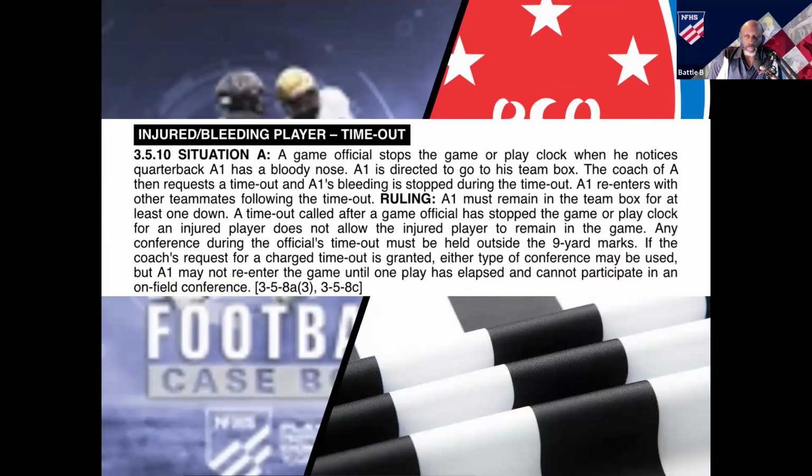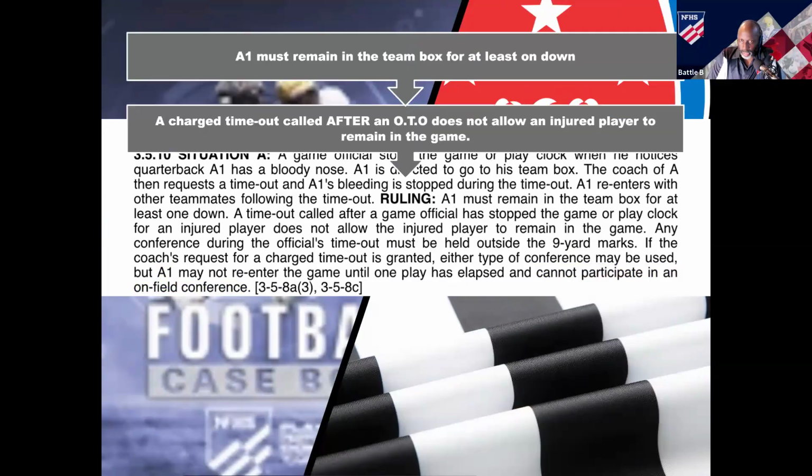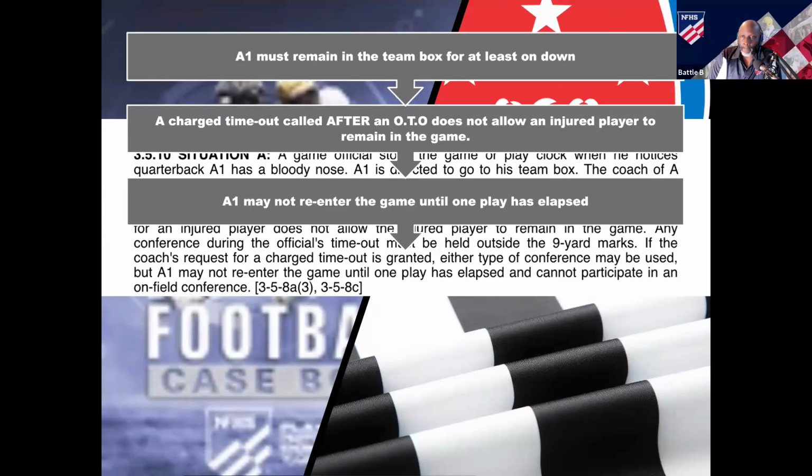Now, what I want to do is cover this one more time. A1 must remain in the team box for at least one down. A charge timeout called after the official timeout does not allow an injured player to remain in the game.